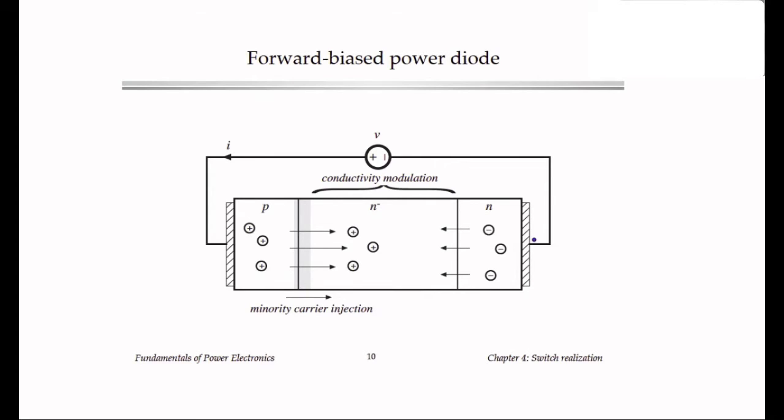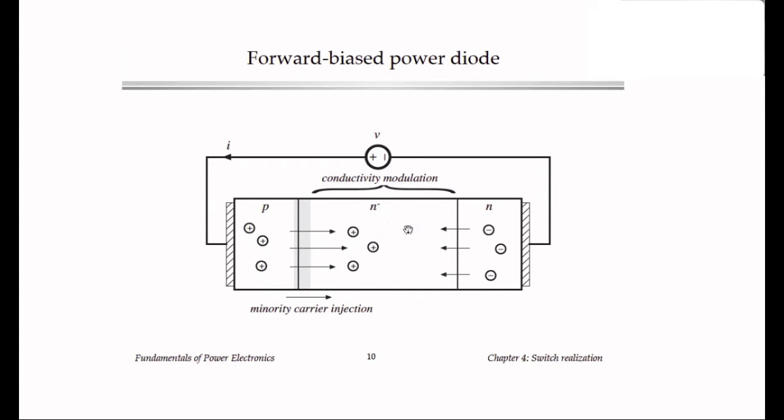In a minority carrier device though, such as the PN diode, that doesn't happen. Instead what happens is a phenomenon known as conductivity modulation. Basically, the holes from the P region can diffuse into the lightly doped region, where they become minority carriers, and they actually reduce the effective resistivity of the material.